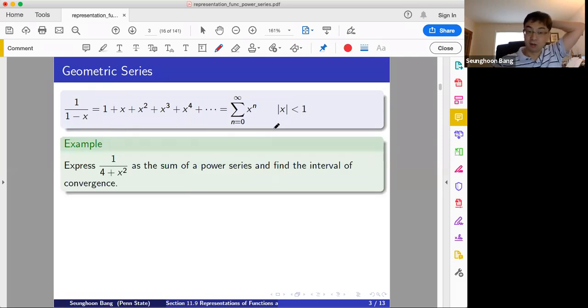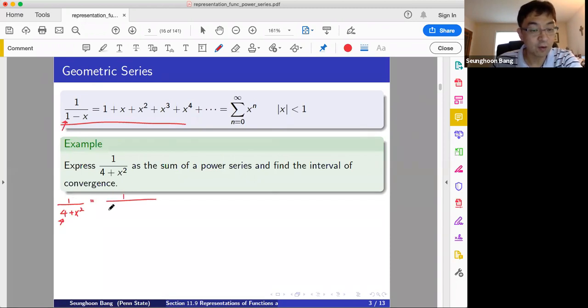So how can you solve this problem? Express 1 over 4 plus x squared as the sum of a power series and find the interval of convergence. So I want to use this result. How can you use it here? 1 over 4 plus x squared is given. First one, you can change it. This is 4 times 1.